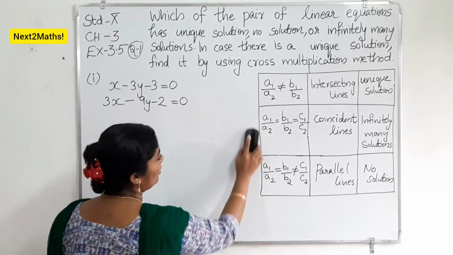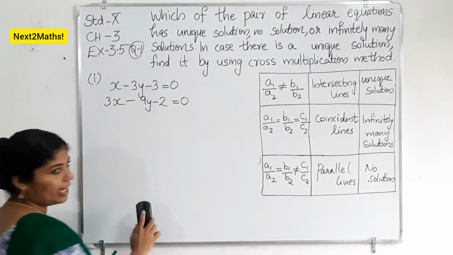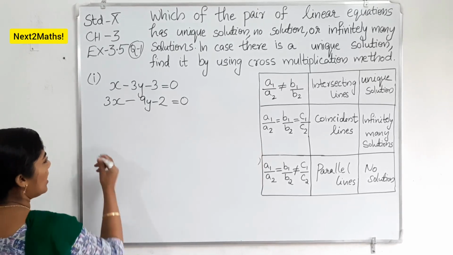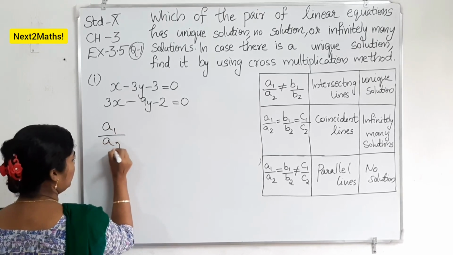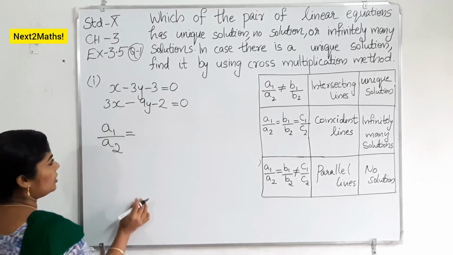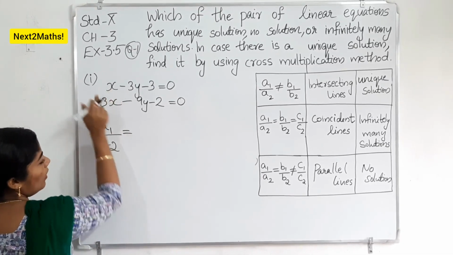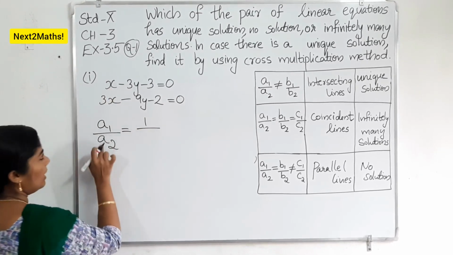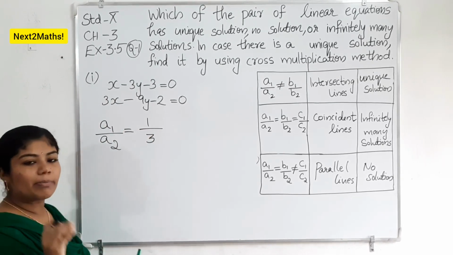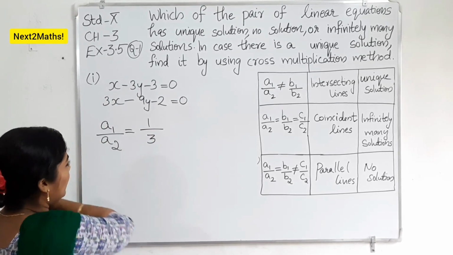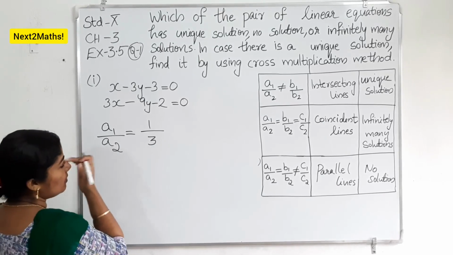First of all we are going to compare the ratios. So A1 divided by A2. A1 is 1, and A2 is 3. So A1 by A2 is 1 divided by 3. Now what is B1 by B2?